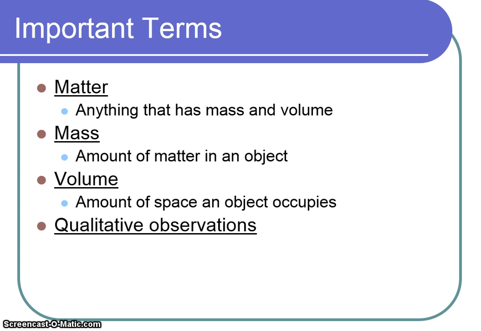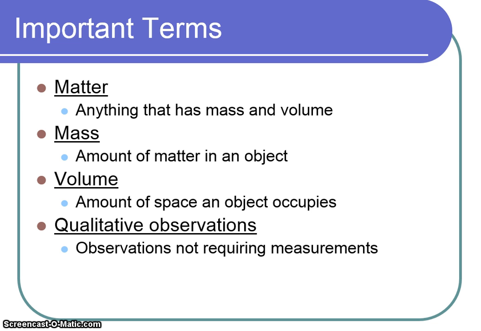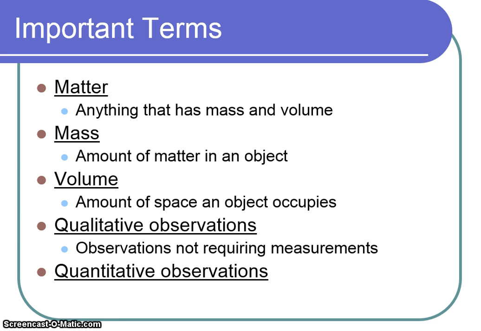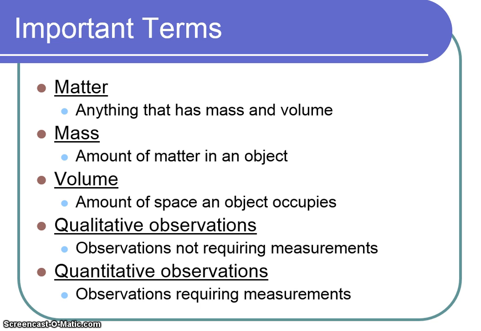And then we had two other terms that we came up with our candle observations, and we need to formally get them in our notes. Qualitative observations. And as we learned in class, our qualitative observations are observations that don't require measurements. And so our examples were things like color, taste, smell, things that don't have a number associated with them, which is opposite of our quantitative observations, which are observations that do require measurements.